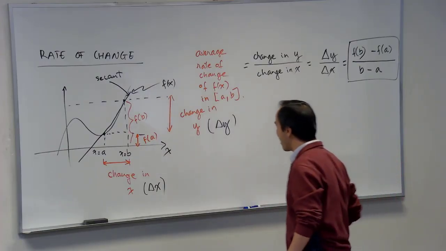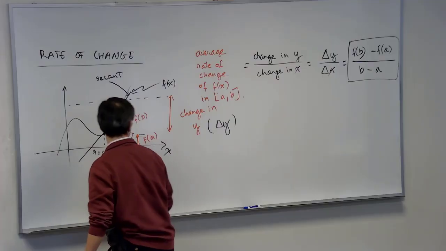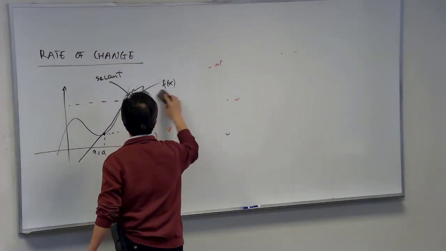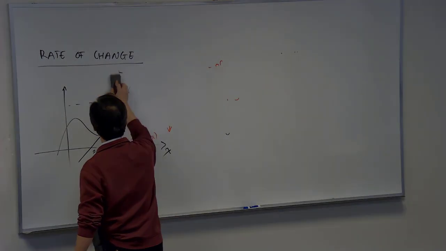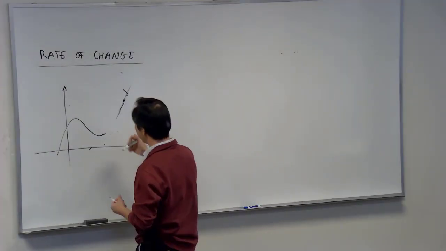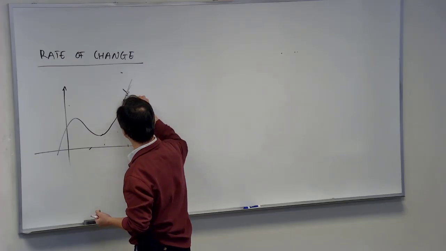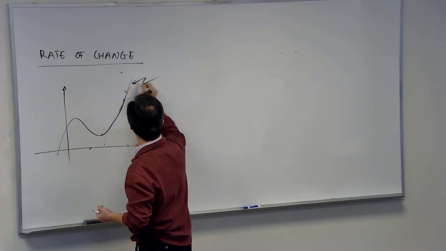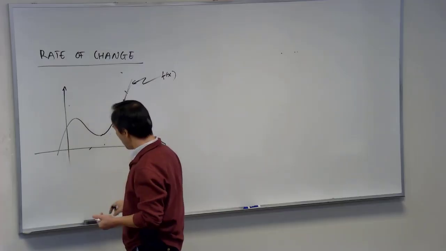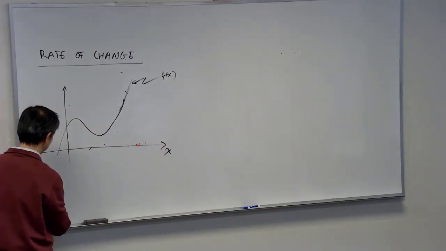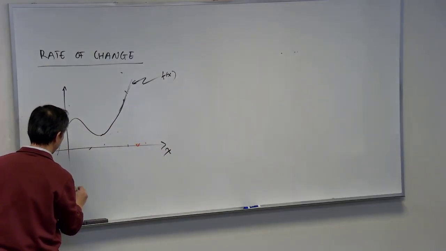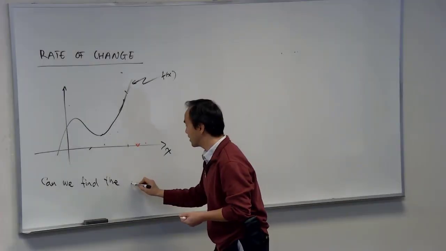And so what we want to know next is, let me try to simply retain the graph right here. So here's your function, that line swinging up and down, a function f of x. The question that arose here is, can we find the rate of change?